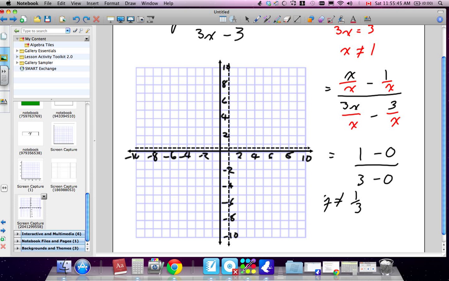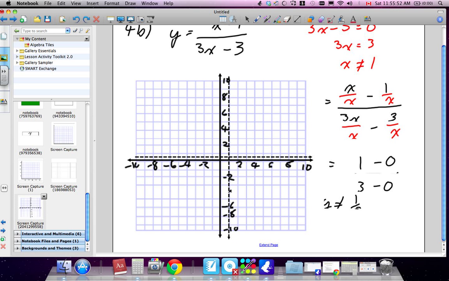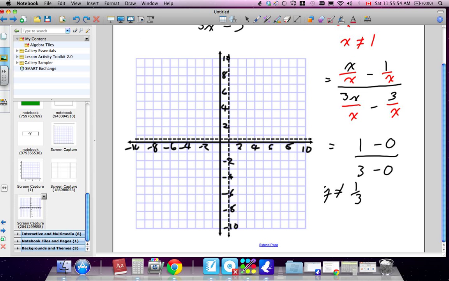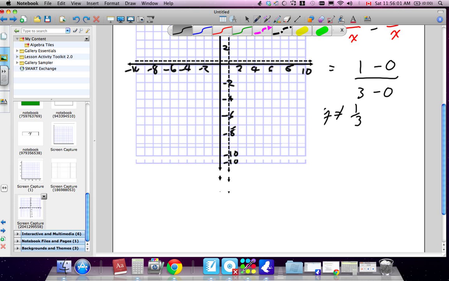Got a vertical asymptote there. Horizontal asymptote was a third, so it was like way close, but not quite. Okay, so those are our two asymptotes. Now we can find x-intercepts and y-intercepts, because our asymptotes don't quite hit them.